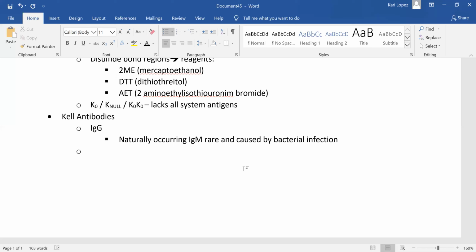So it reacts at the antiglobulin phase. This means that the most reliable or best results are going to be with an IAT.